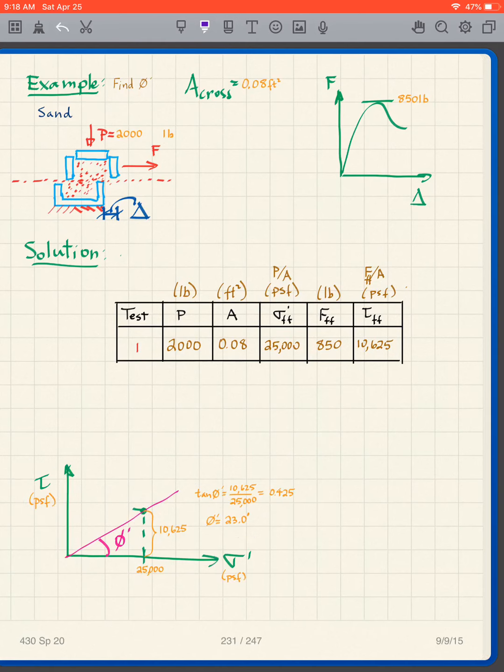I get this little triangle here, and I use that triangle to get that the tangent of phi prime is 10,625 over 25,000. I get that the tangent of phi prime is 0.425. That gives me that phi prime is 23 degrees. And that's my answer. My friction angle for this problem is phi prime equals 23 degrees.